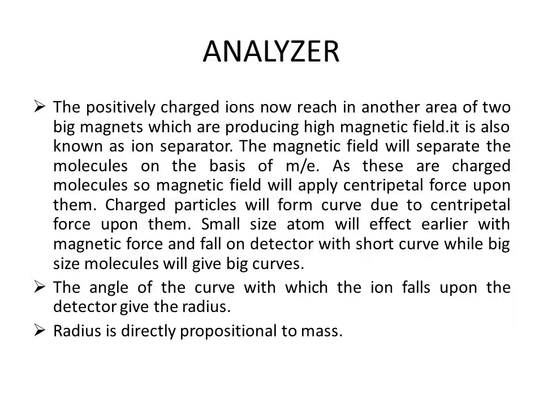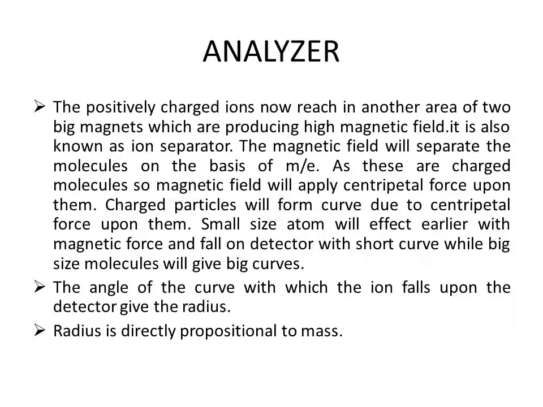What is the function of the analyzer? It is used for analysis. The positive charged ions now reach another area of two big magnets which are producing a high magnetic field. These two magnets will act as an ion separator.